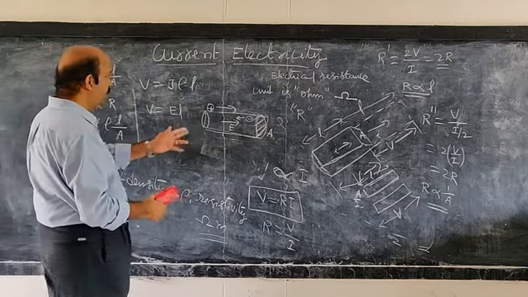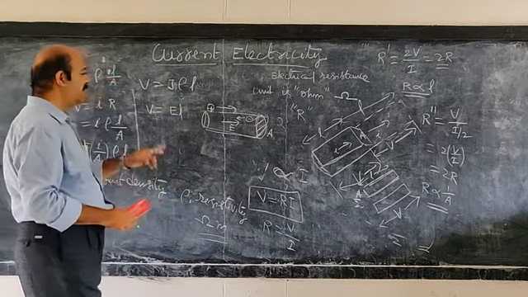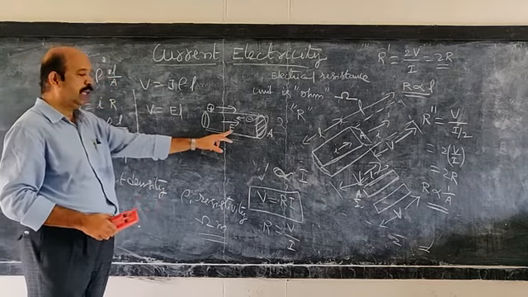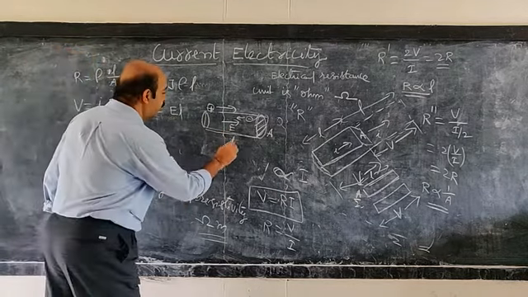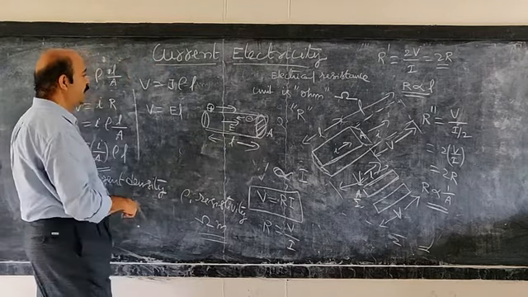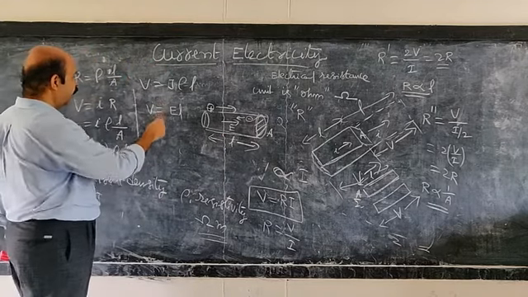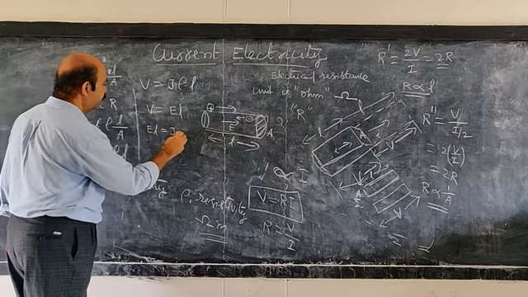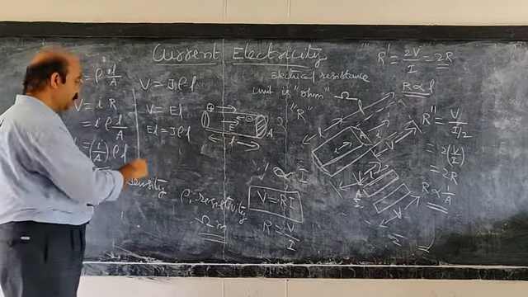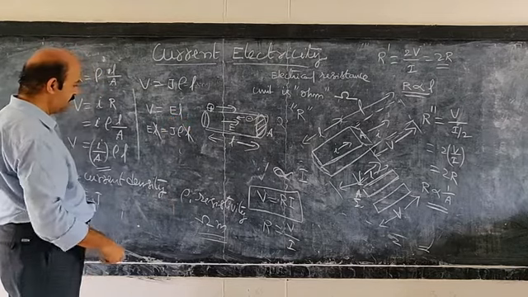So the potential difference across the ends of the conductor is related to the electric field strength like this, where L is the length of the conductor. Then using this relation, E into L is equal to J rho L. So this L gets cancelled.